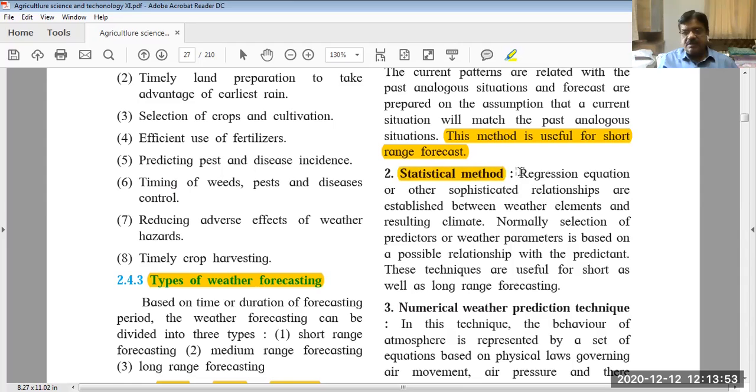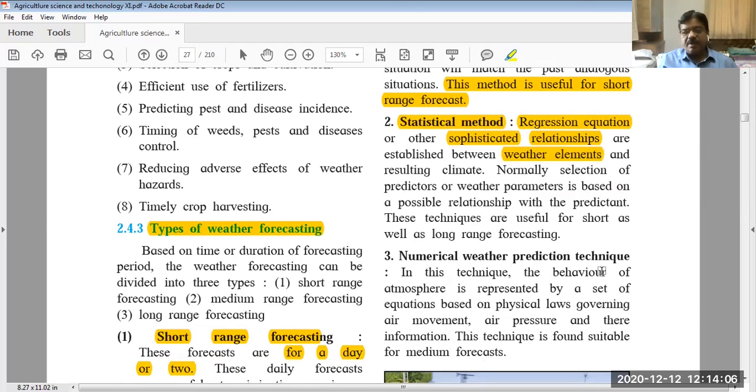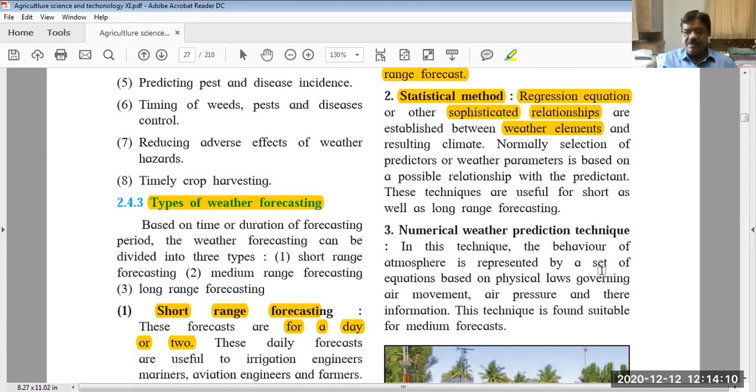Now there are different methods of forecasting. First, there is the conventional or synoptic method. This method depends upon analysis of current weather reports. Now what is done in this case?